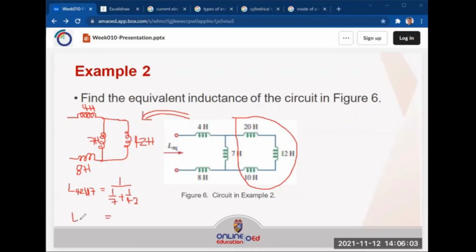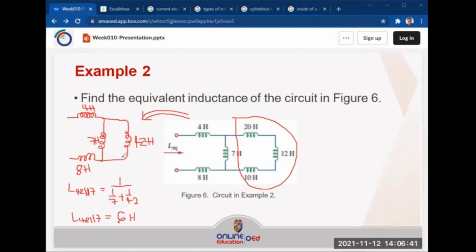Let's take out our scientific calculators. So 1 over 7 plus 1 over 42 should be equal to 6 Henrys.